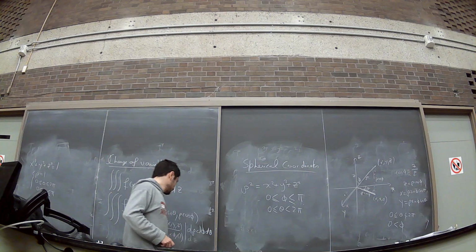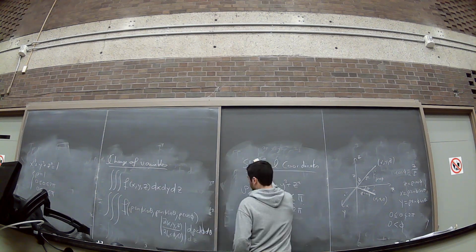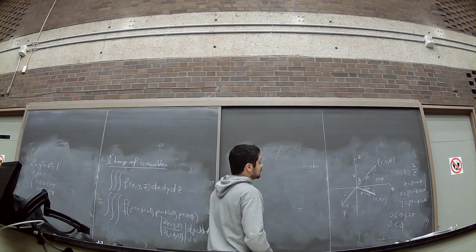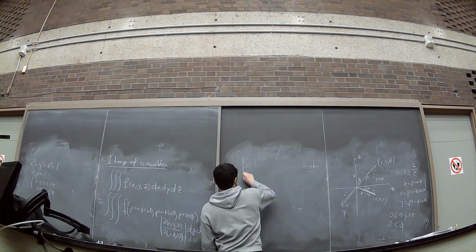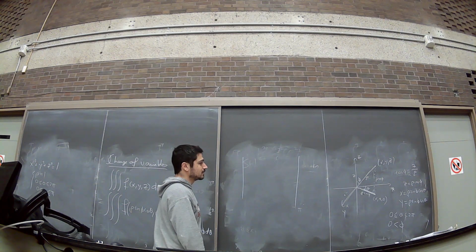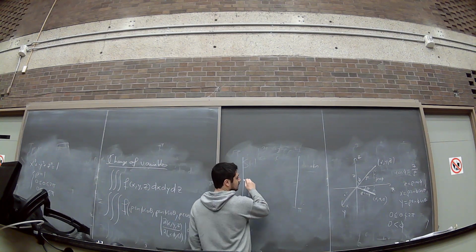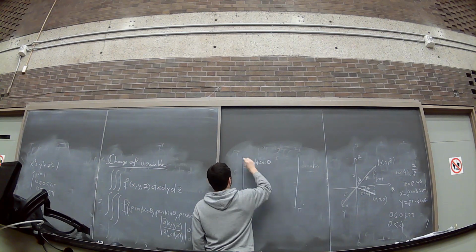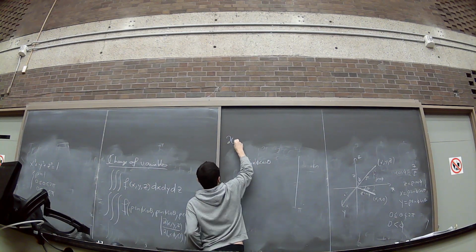Let's do this. This Jacobian is going to be bad. I have the absolute value of the Jacobian basically. Let's see, dx d rho, what is that equal to? Sin phi cos theta, sin phi sin theta. This is the Jacobian.